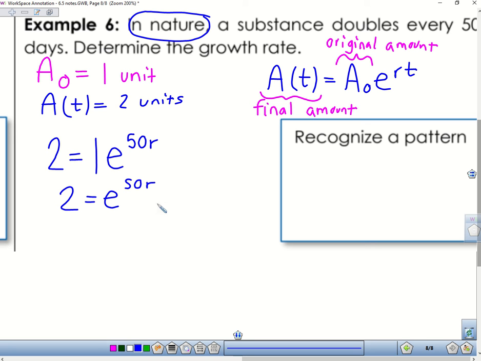Now to solve this, we're going to take the ln of both sides. We're going to use the power rule.